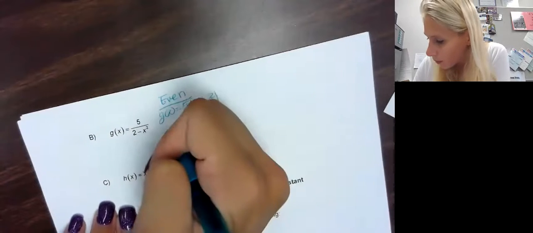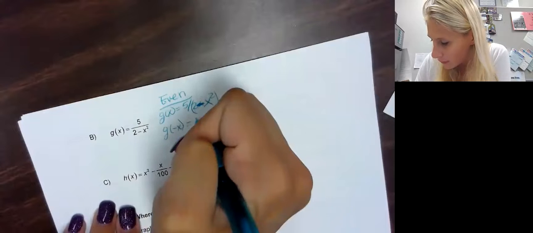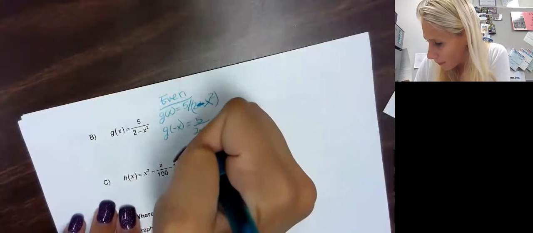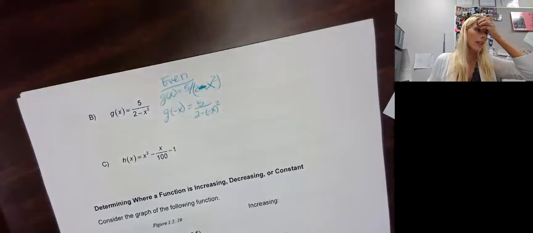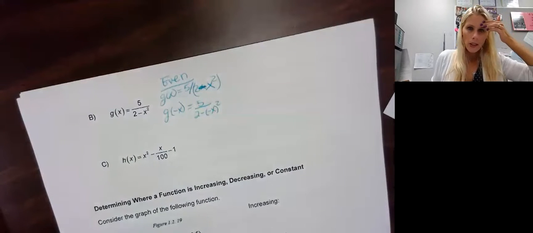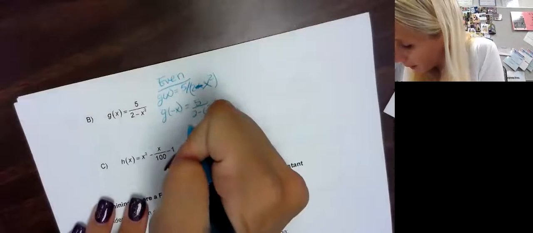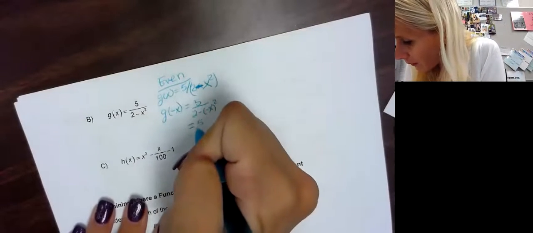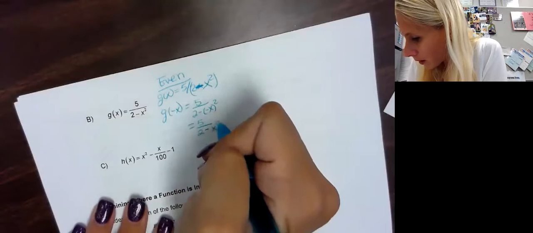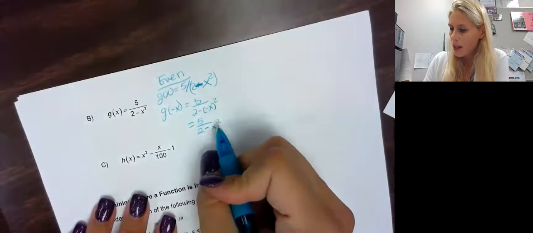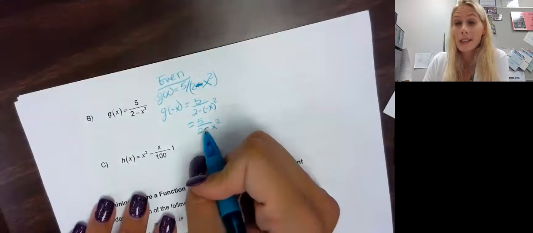Now I have to find g of negative x, which equals 5 all over 2 minus negative x squared. Negative x squared, well, negative times a negative is a positive, so that just reduces to 5 over 2 minus x squared.